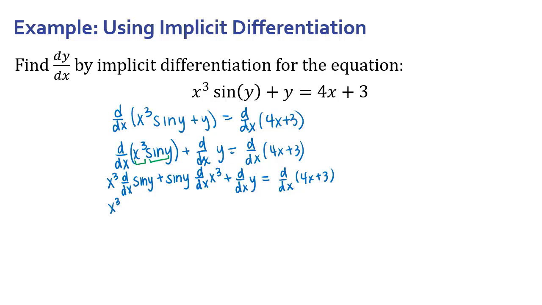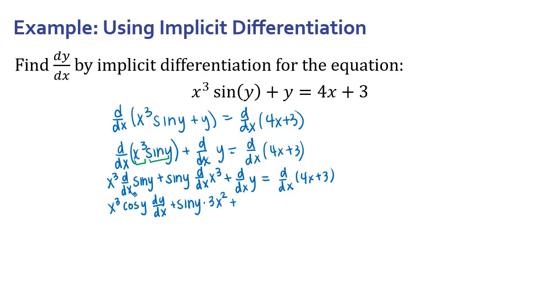So x cubed, the sine of y, so taking the derivative with respect to x of the sine of y. This is where that chain rule comes in. The outside function is the sine function, so that's going to be the cosine of y, and then times dy dx. Plus, I've got the sine of y, and then I'm taking the derivative of x cubed, which is 3x squared.